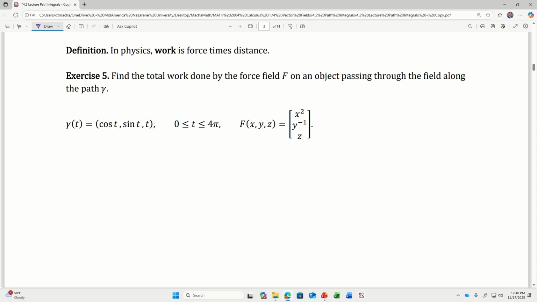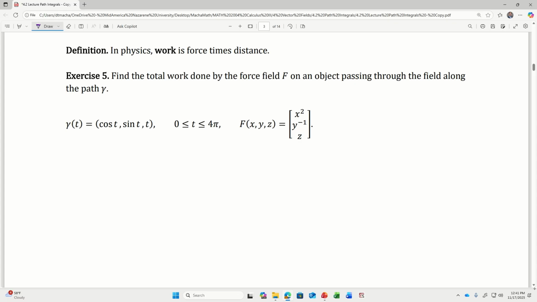So it makes these path integrals over vector fields super useful in the case where your force is varying in direction or magnitude or both, and you're traveling some distance across a path that may or may not be a straight linear path.